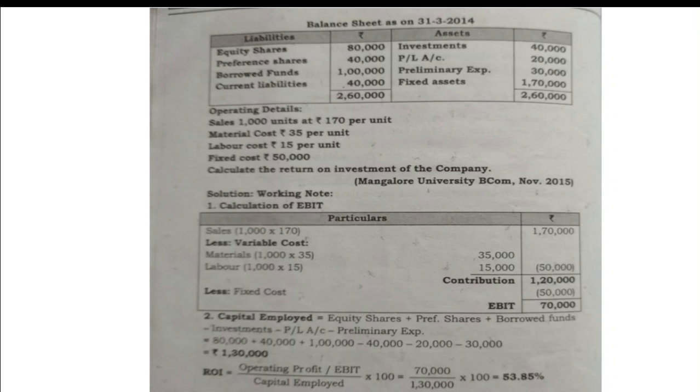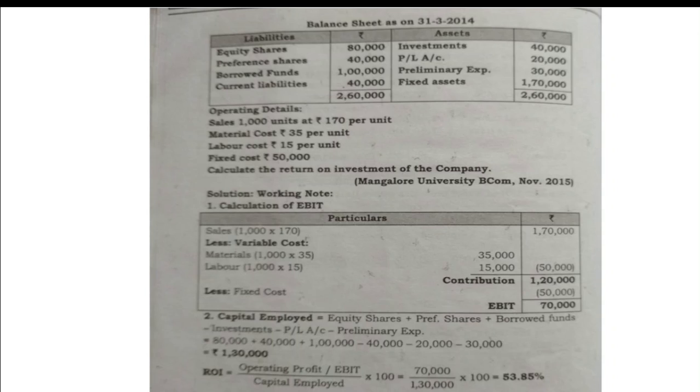So we need to identify the amounts belonging to EBIT and capital employed. In the last question EBIT was given, but in this question we need to calculate the EBIT. So first, calculation of EBIT.